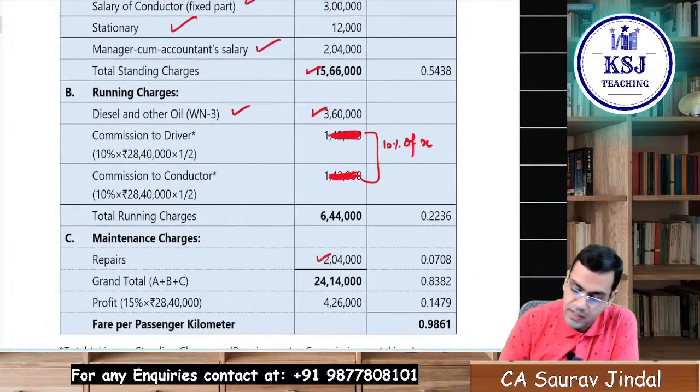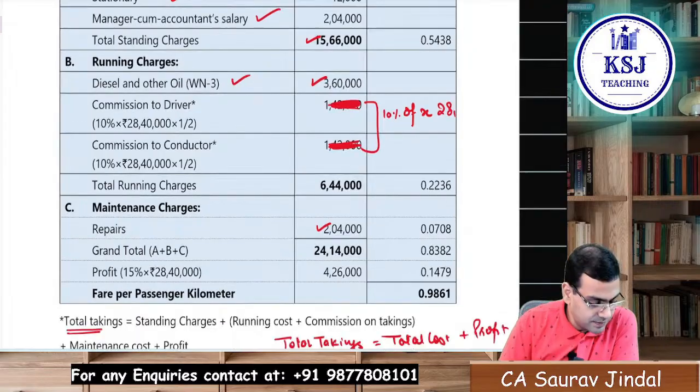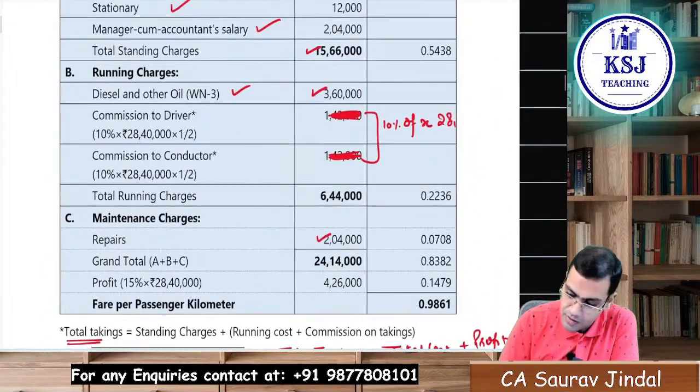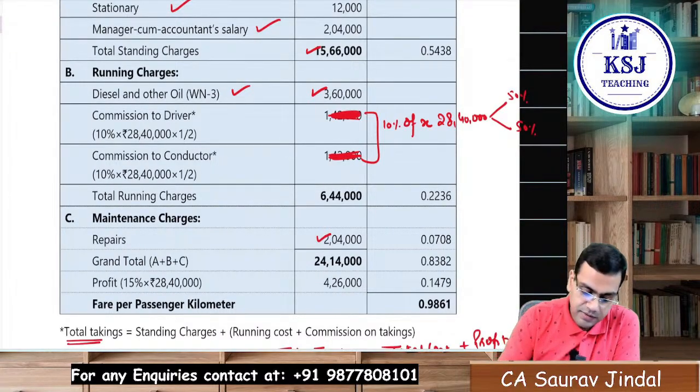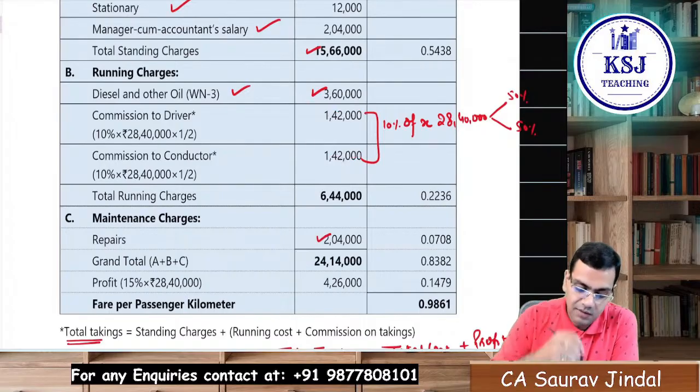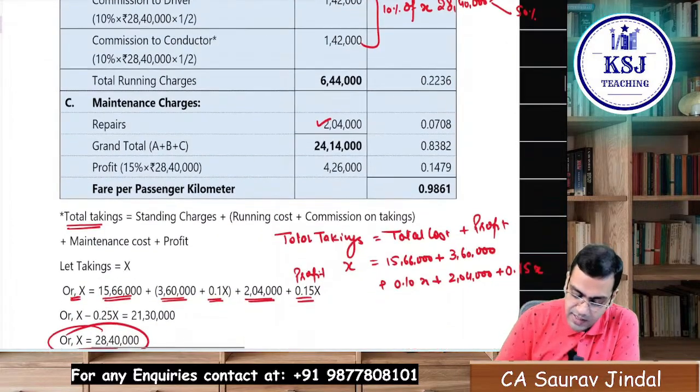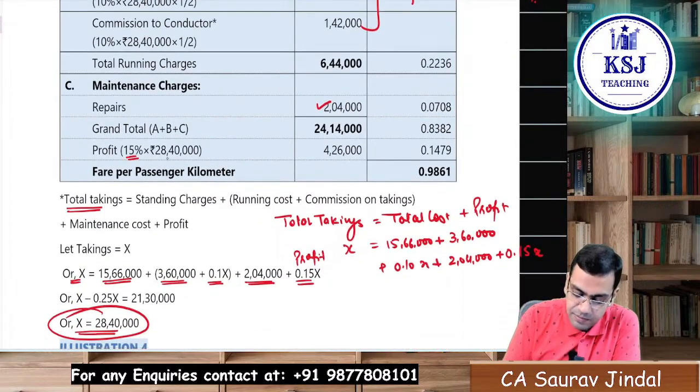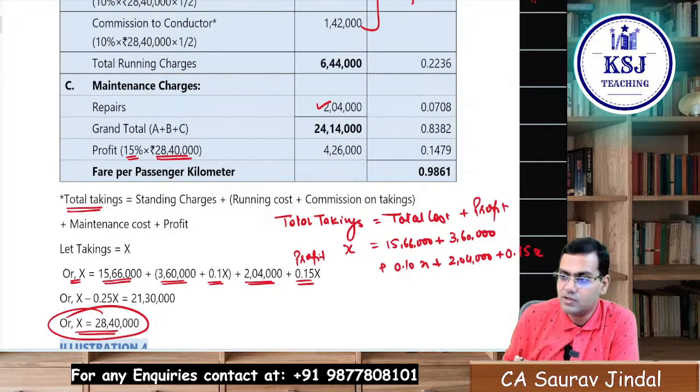Now we can calculate commission. Commission will be 10% of 28,40,000, which is to be divided 50% to the driver and 50% to the conductor. So that will come to 1,42,000, and similarly profit will be 15% of 28,40,000.